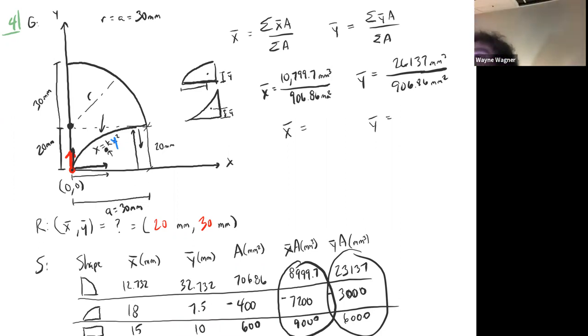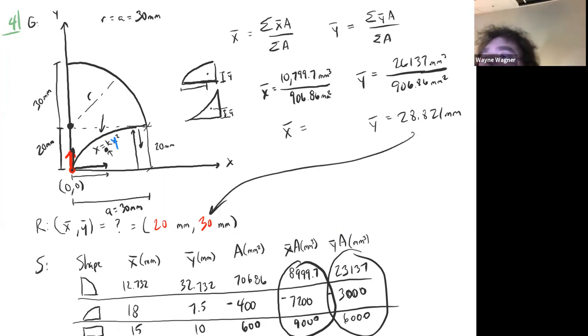Let's divide by 906.86. 28.821 millimeters. Okay, looking good.